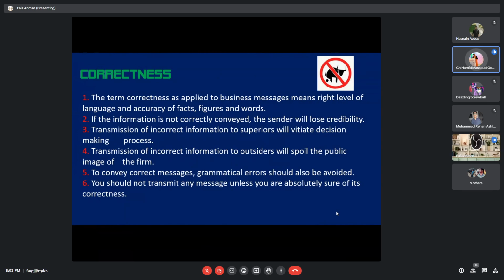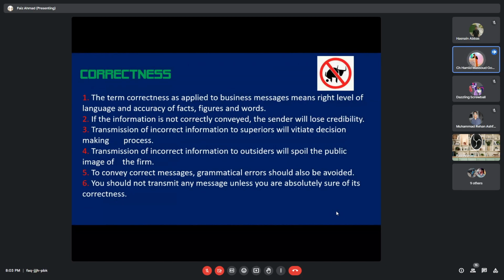It is understood then that when the receiver doesn't perceive the information as it is, the credibility of the sender will be lost. Transmission of incorrect information to superiors will affect the decision making process. Transmission of incorrect information to outsiders will spoil the public image of the firm.